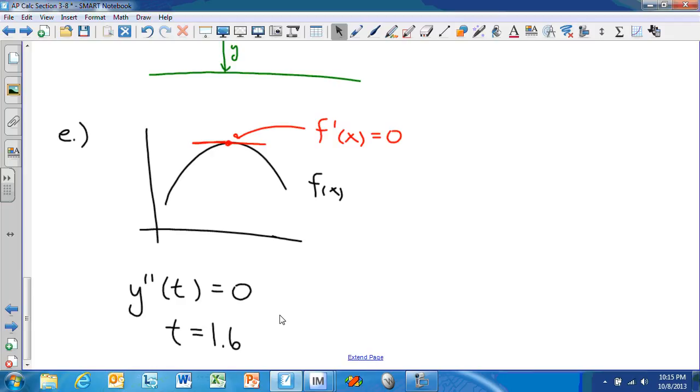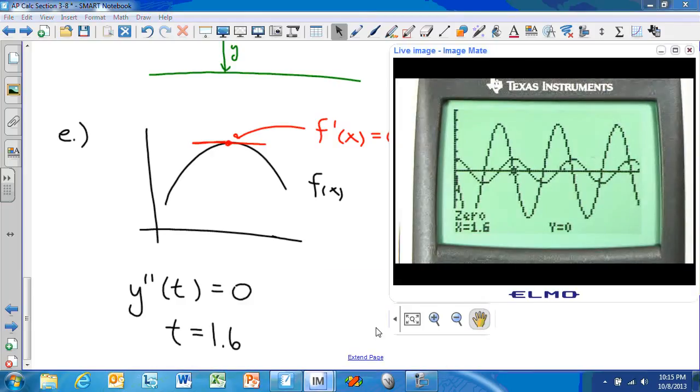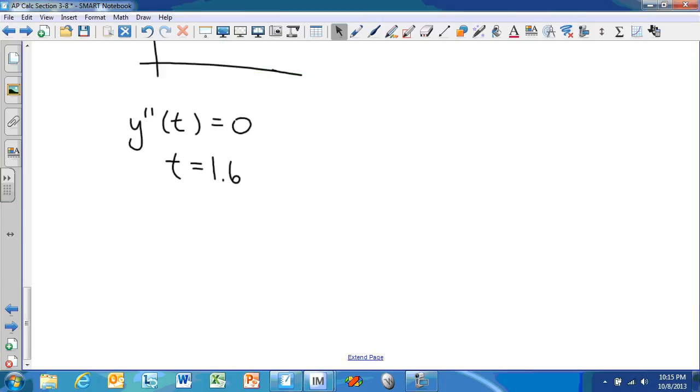I need to actually find out what the maximum actually is there. So on my graph there, I'll just trace the original function, the velocity function, to 1.6, and we get 11.781. So y prime at 1.6 turns out to be 11.781. And again, the units for this are in feet per second.